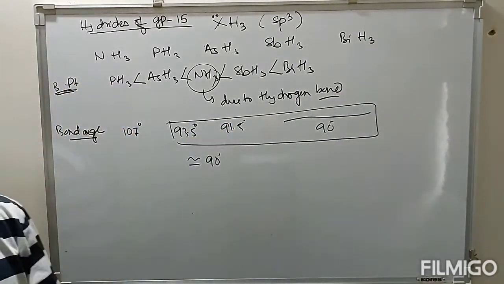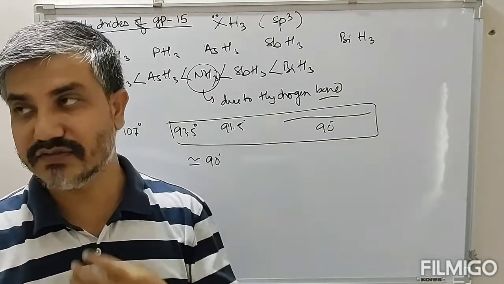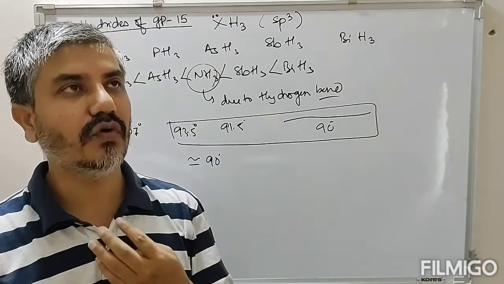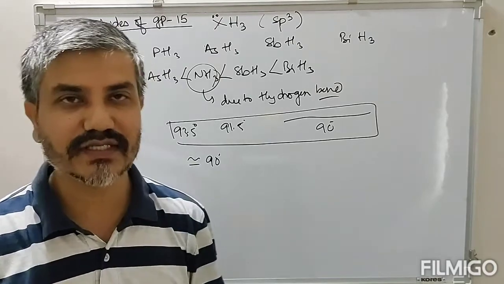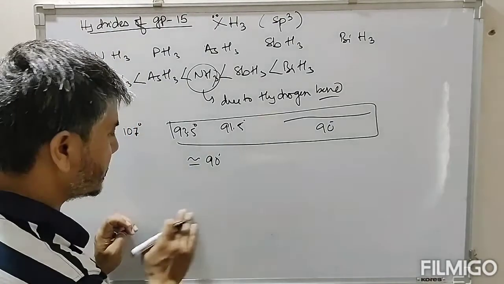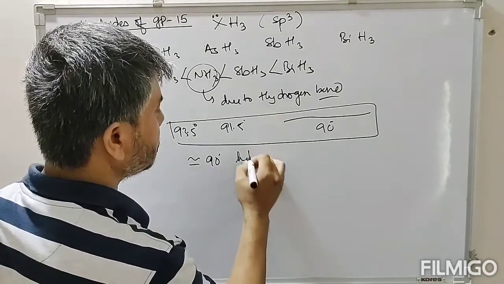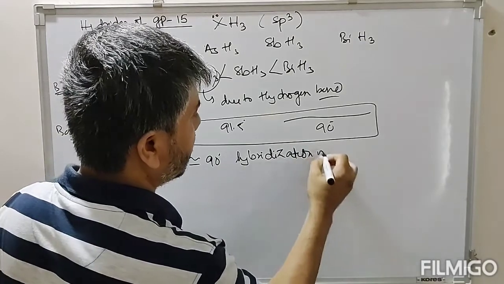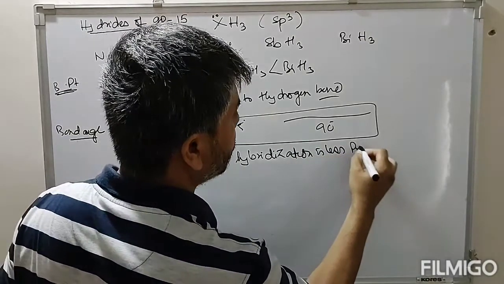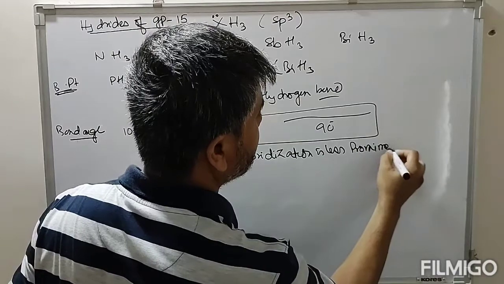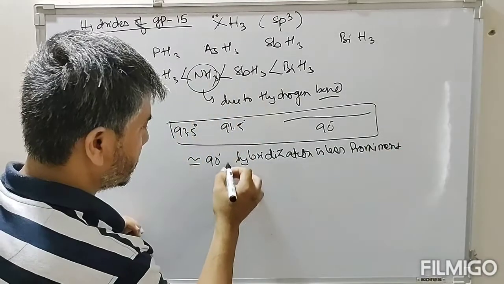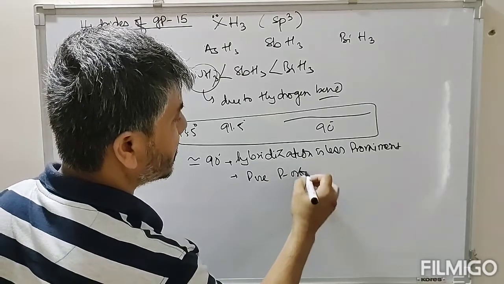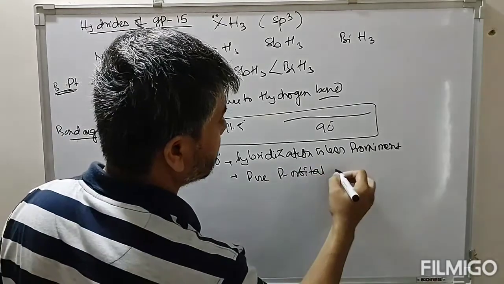As the bond angle is very close to 90 degrees, the concept of hybridization does not apply. Hybridization is less prominent, and in fact pure p orbitals are used for bonding.